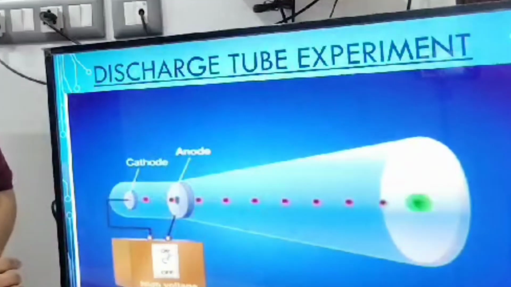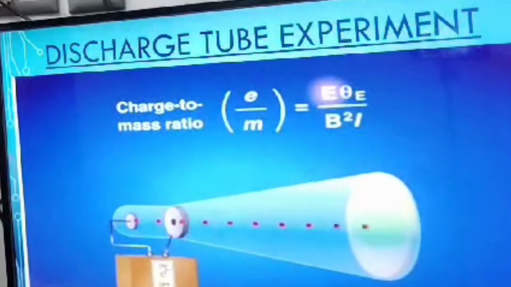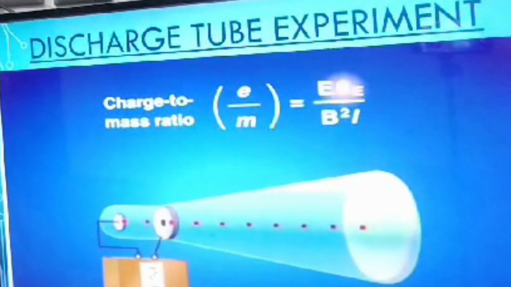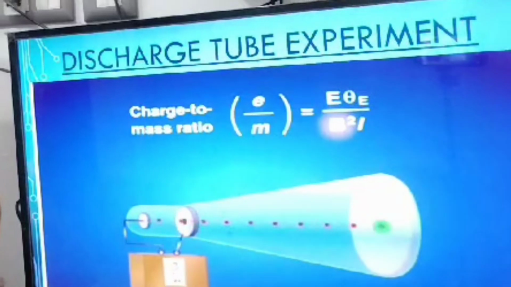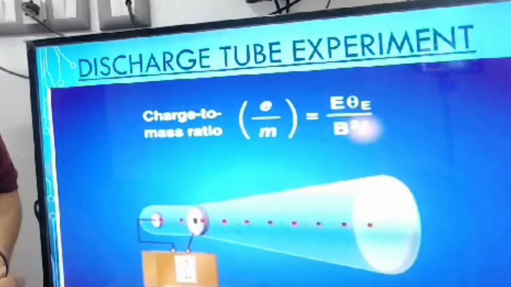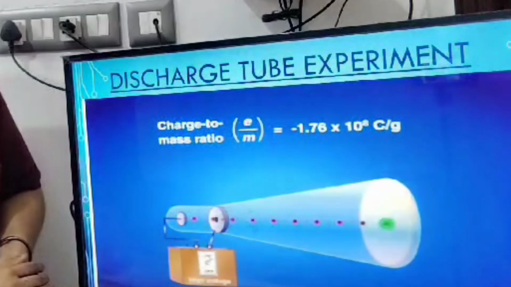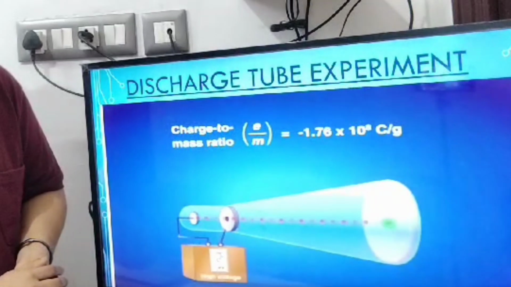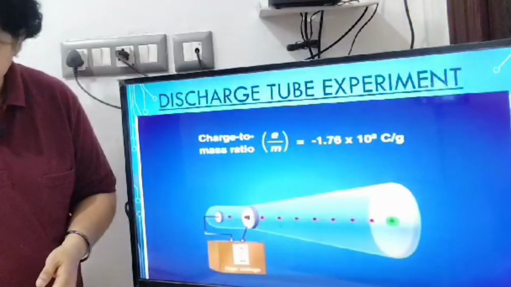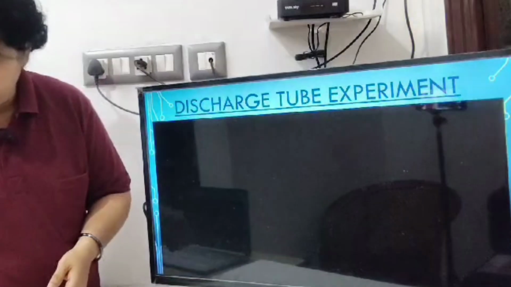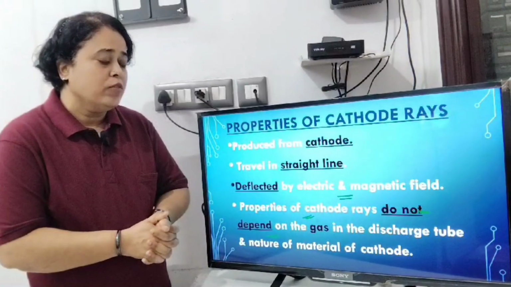He then calculated the e/m ratio by using the formula e/m = θE/(B²L), where E is the electric field, B is the magnetic field, θ is the electric field deflection, and L is the length of the cathode ray. The charge to mass ratio came out to be minus 1.76 × 10^8 coulomb per gram.